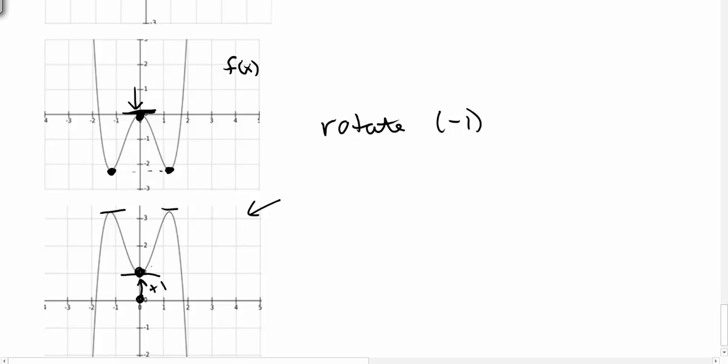And the other points match that as well. So I'm going to go up 1. So this new function I can write as negative f of x plus 1. So I've rotated it and I shifted it up 1.